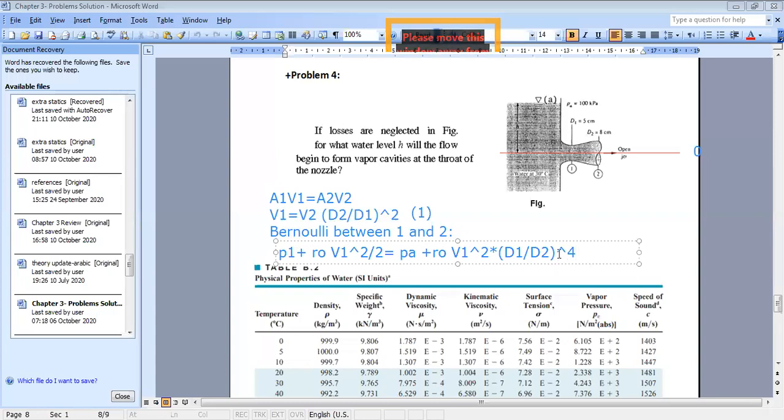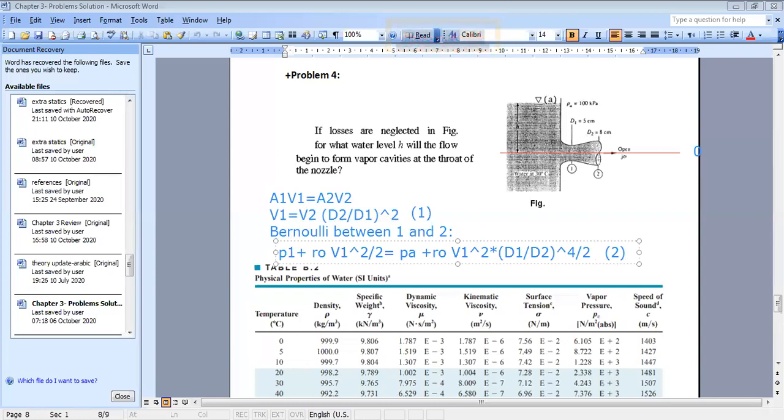So what I did is just replacing V2 by its value. Instead of rho V2 square over 2, I have rho V1 square times D1 over D2 to the power 4 over 2, plus rho g Z2. But as we said, Z2 is 0 and Z1 is equal to Z2. So wherever you take your axis, even if it's not 0, no problem. Z1 equals Z2 will cancel out. So from this equation, this is equation number 2, but still I have two unknowns, P1 and V1.